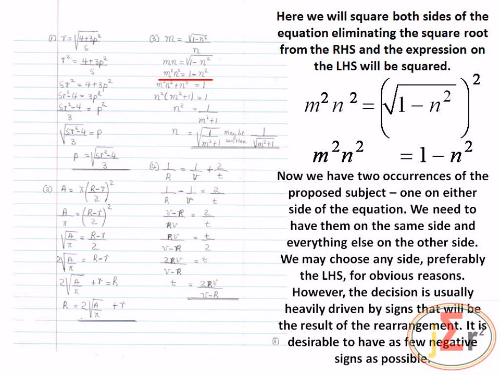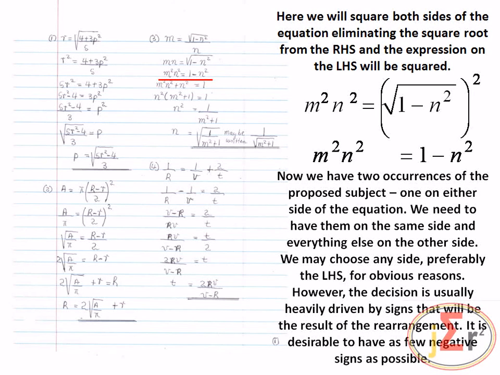It is bad to have two occurrences of the proposed subject, but worse that we have them on either side of the equation. We need to have them on the same side and everything else on the other side.